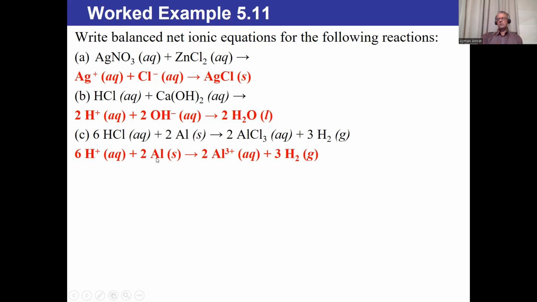This is 0 charge, this is 0 charge, so the equation is balanced in matter and in charge. Also for Ag+ and Cl-, the net charge is 0 on the reactant side and 0 on the product side. The same thing for H+ and OH-, net 0 charge on the reactant side and 0 charge on the product side.